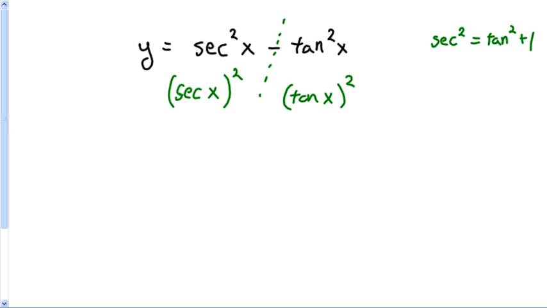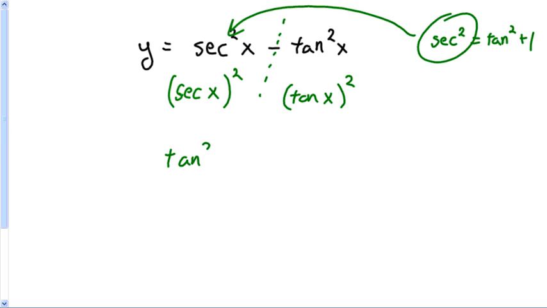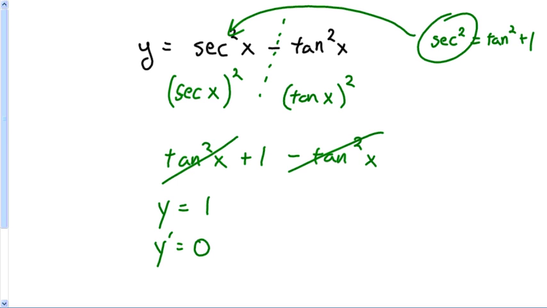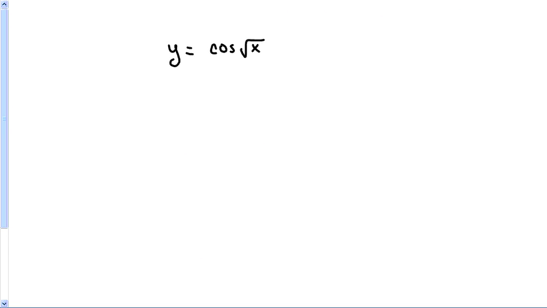So let's try and substitute this identity in first. So tangent squared x plus 1 minus tangent squared x. Oh my goodness. So that means that this is 1. I can't stand these tricky little questions like this. Oh, how did they dare slip that in on me? Oh, well, what about this guy? Cosine of x to the half.